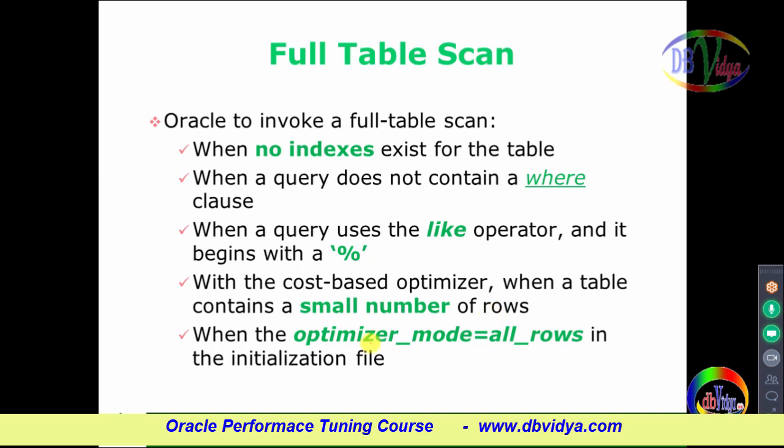Also when optimizer mode equals all_rows. Optimizer mode is a parameter; the DBA can set all_rows. Some parameters are there, so they will set based on that. In these scenarios, Oracle will use full table scan.